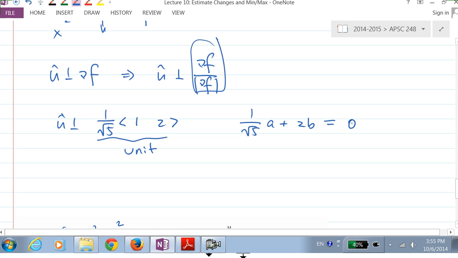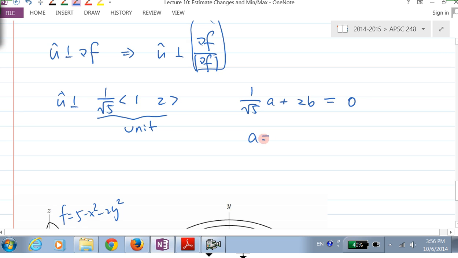By observation, can you come up with an A and a B that satisfy this to be 0? There are 2 ways here. Just look at this one and make use of the information. Sorry, I missed one here, 2 over root 5. So what A and B satisfy this, and at the same time A and B together give you a unit vector? Can you come up with a solution?